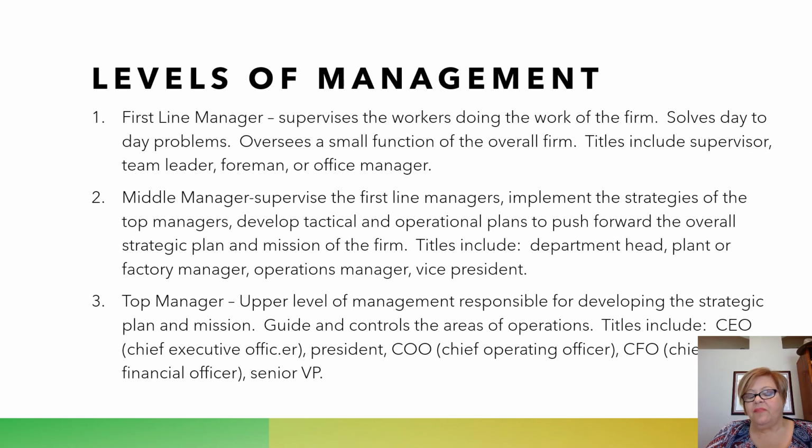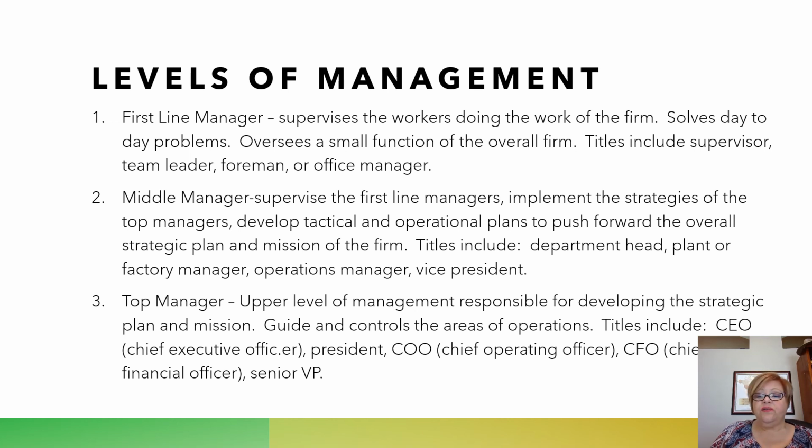So our last topic for this video are the different levels of management. There are 3 levels of management that we're going to talk about: the first line manager, the middle manager, and the top managers. All right, first line manager, they're the ones that are supervising the workers doing the work of the firm. So first line managers are expected to solve those day-to-day problems.